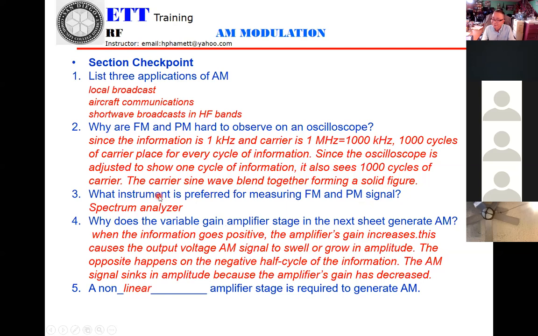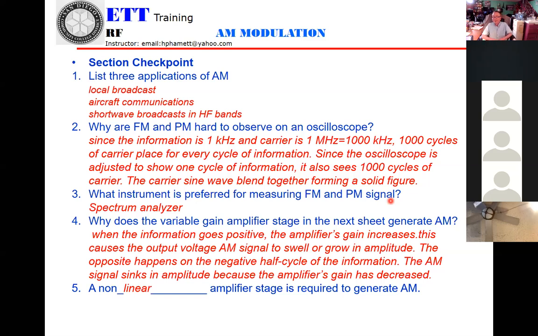The carrier sideways blend together forming a solid figure. That means you cannot display both your voice and your carrier on the oscilloscope. When you display a low frequency, you cannot see the high frequency, or if you display a high frequency, you cannot see your low frequency.